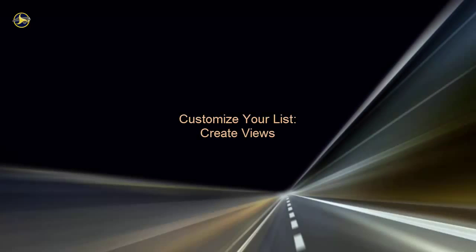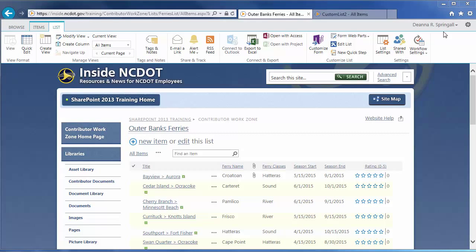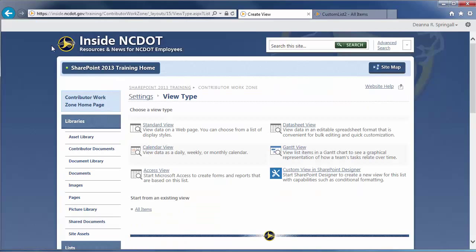You can also create views to show the list in different ways. For the first view, we want to display only those routes that start on or after May 15th, and sort those routes by their season start date. Click Create View. We'll use the All Items view as our starting point.